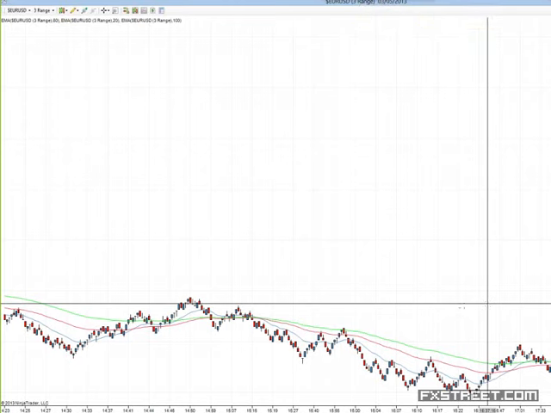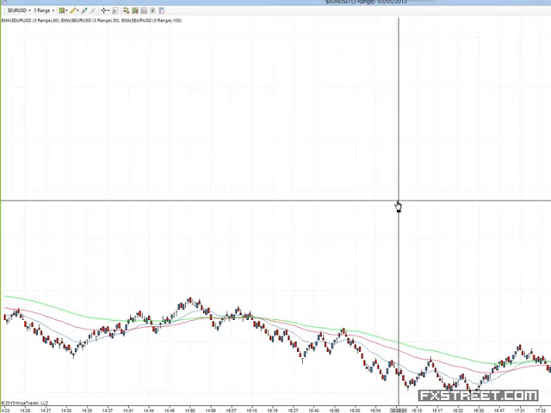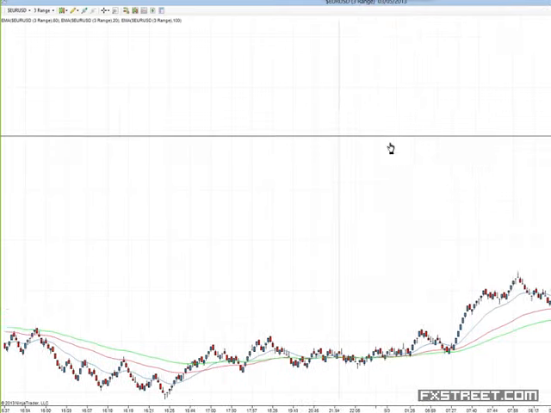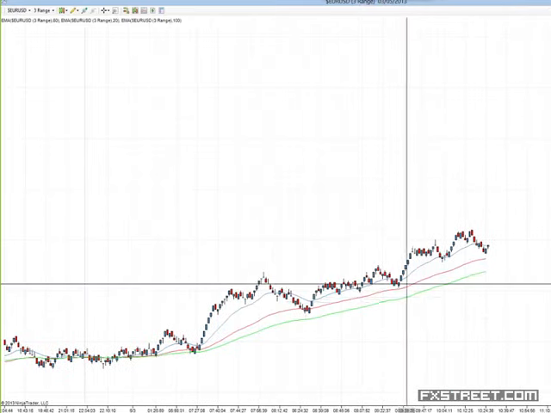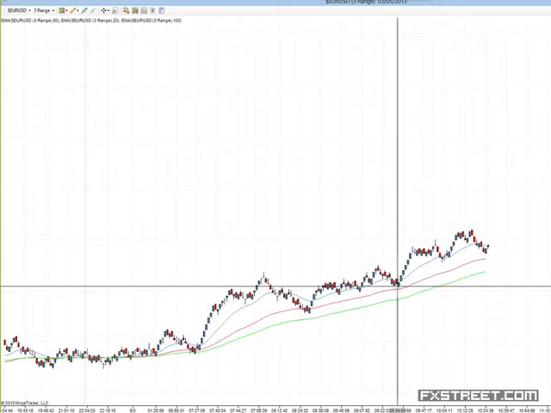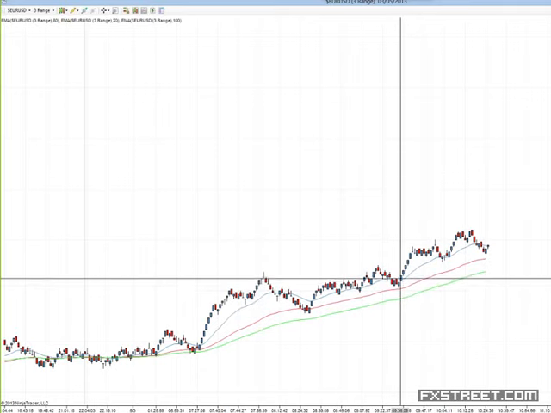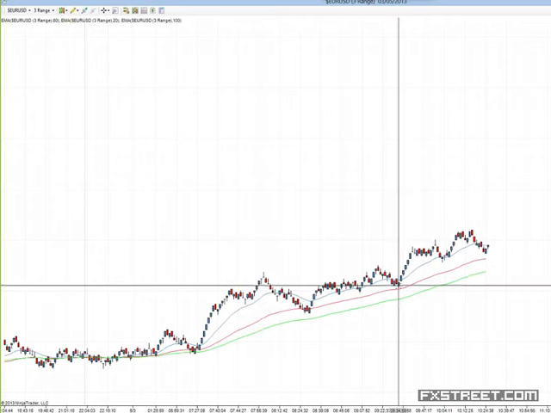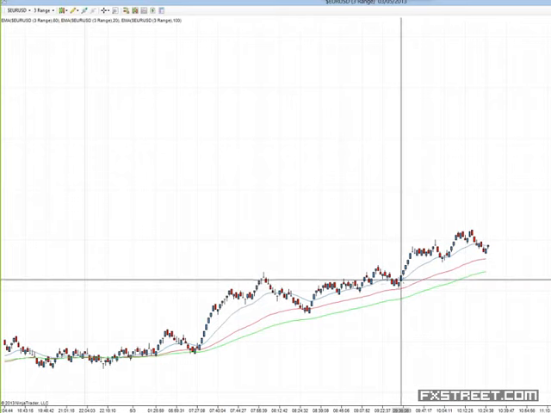Okay, Diana, let's say for example we're looking for long opportunities right here. You would enter when the price gets back to the moving averages, and then when you've got 2 consecutive bullish bars. So this would be 1, this would be 2, so 2 bullish bars in a row.